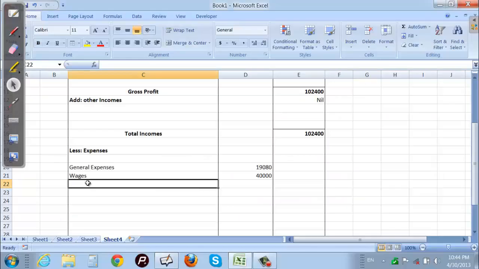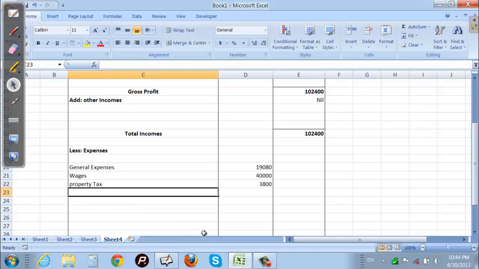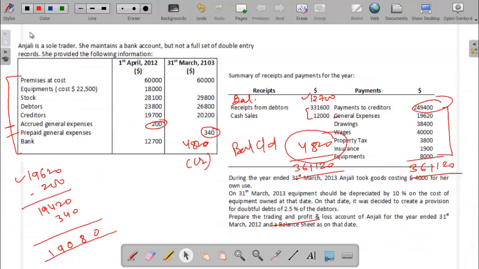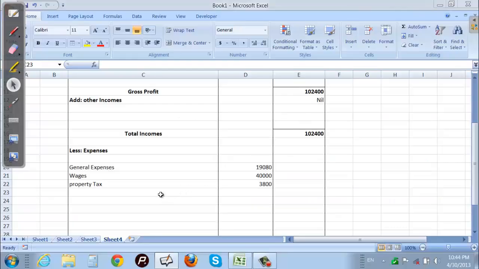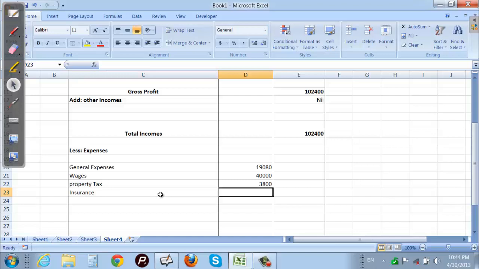No adjustment, so we will take property tax, and the amount is $3,800. After property tax, the next item is insurance 1,900, and there is no adjustment regarding it. Insurance, the amount is $1,900.